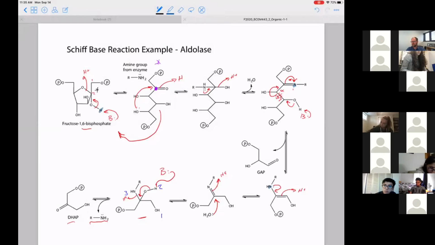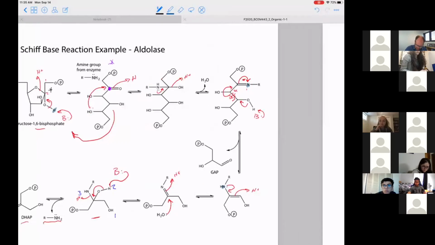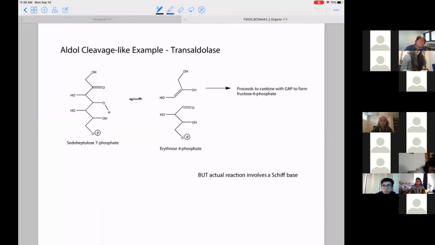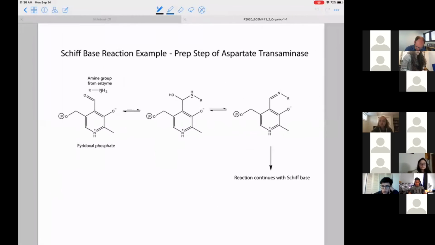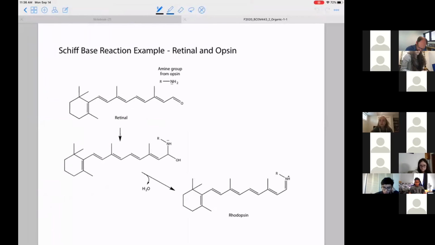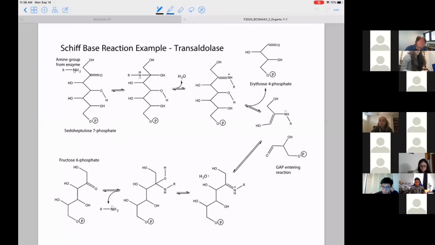Next. So someone wants to go over the mechanism for keto-enol tautomerization. Okay. Keto-enol tautomerization. I think we had an example of that in your structure set, didn't you? Yes. Aldol cleavage of the aldolase reaction. Oh, is it? Okay.